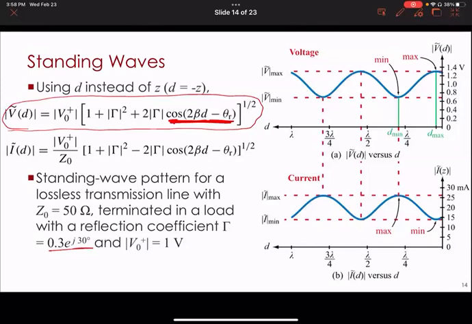So let's play with that case. We don't know where that peak happens yet, but let's say we're at the point of the maximum, and for now we'll consider that cos term to be equal to 1. That allows us to calculate the rest. If you had your calculator, you do 1 plus the magnitude of gamma squared, 0.3 is the magnitude, so 1 plus 0.3 squared, plus 2 times 0.3.